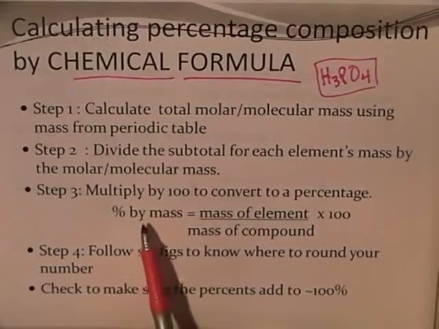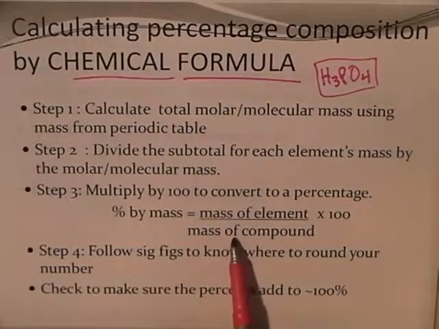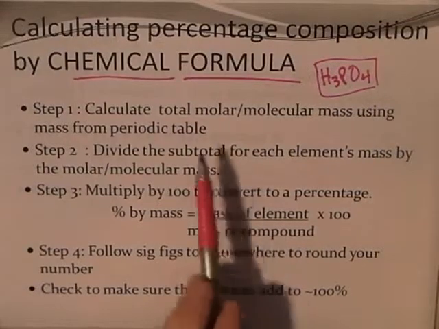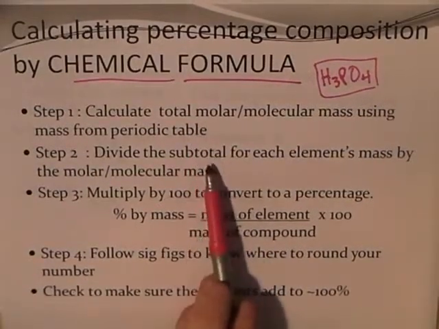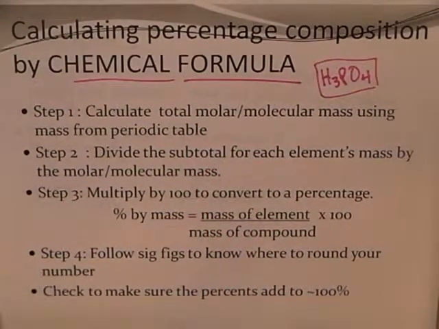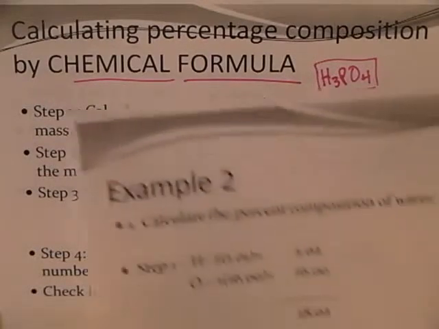To find the percent composition, mass of element divided by mass of compound times 100. Follow significant figures and then make sure it adds up to 100. Okay, so the only real difference is you have to calculate molar mass and your subtotals first. You're not being given those as numbers already. But we know calculating molar mass is not that difficult, so this shouldn't be super challenging.